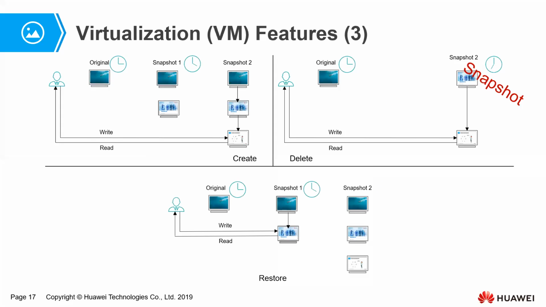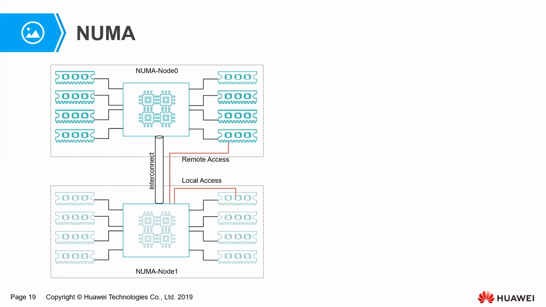And now let's look at a technology called NUMA, the non-uniform memory access, which is a technology that can improve data read and write speeds. Forgive my handwriting, it will improve the read and write speed of data.